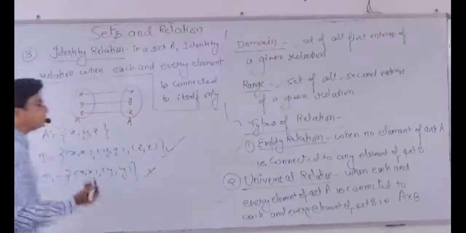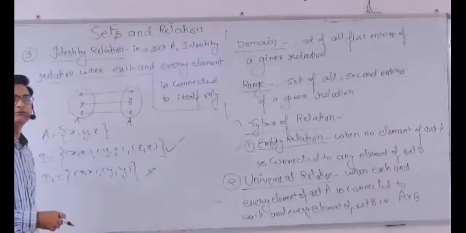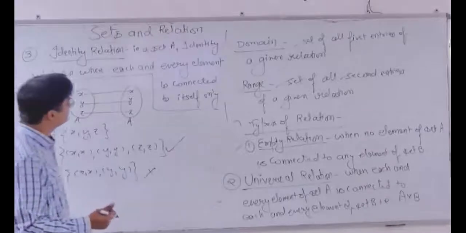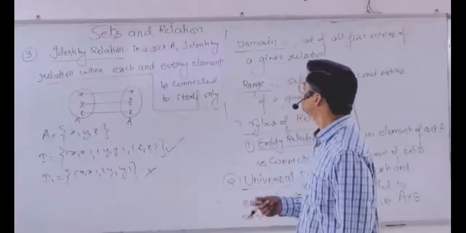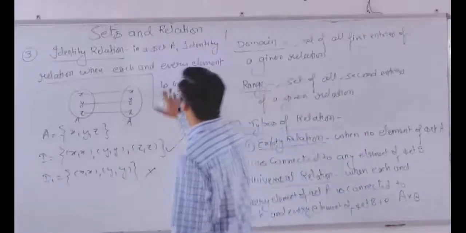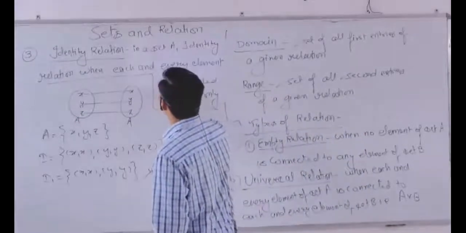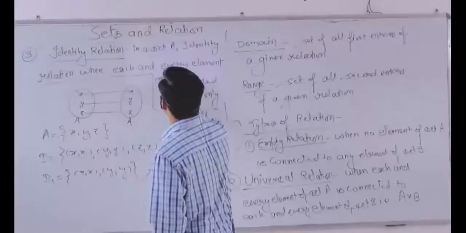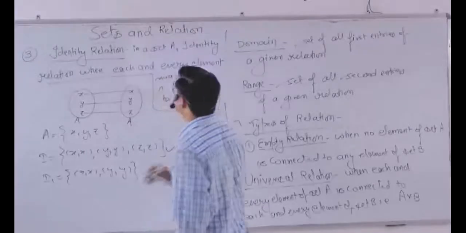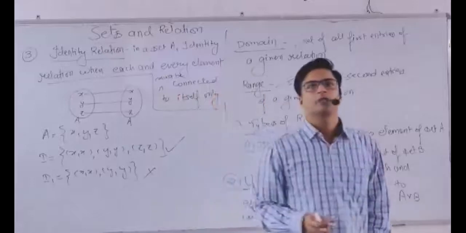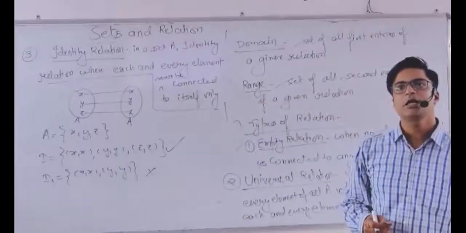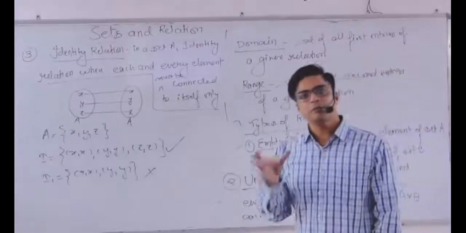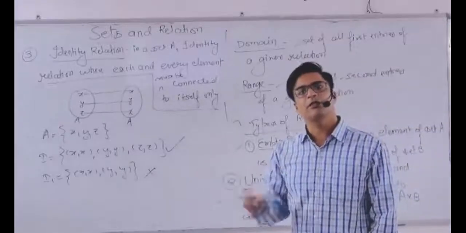I is the identity relation. Okay. Did you understand? Or can I say here, must be connected to itself only. That means each and every element must be present for the relation. Okay.